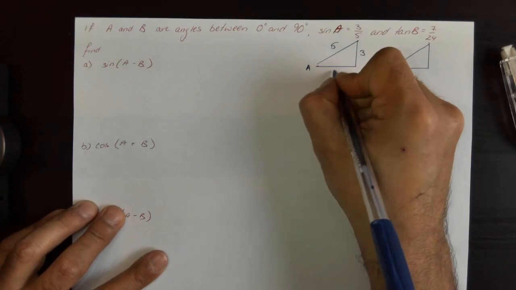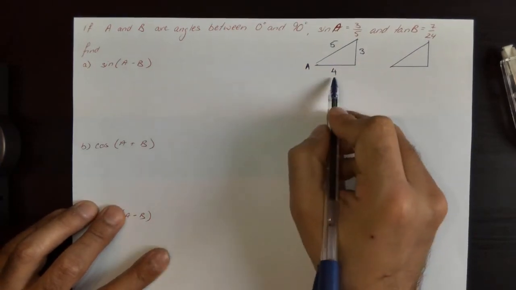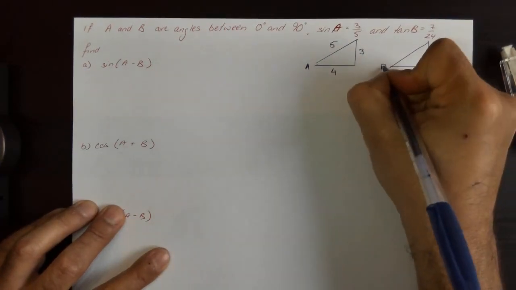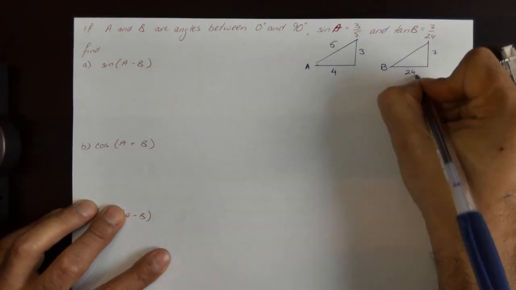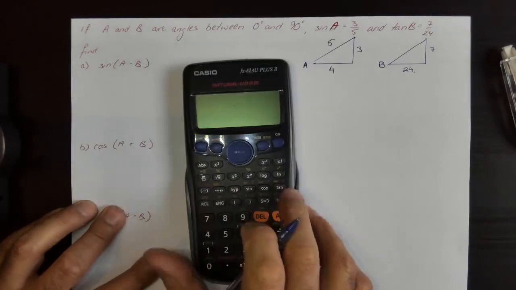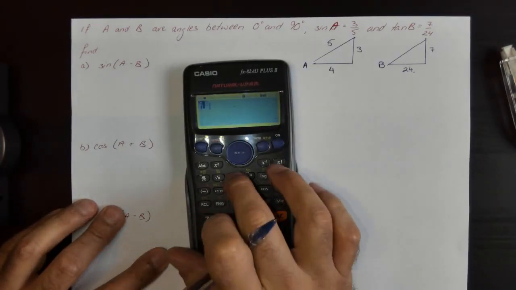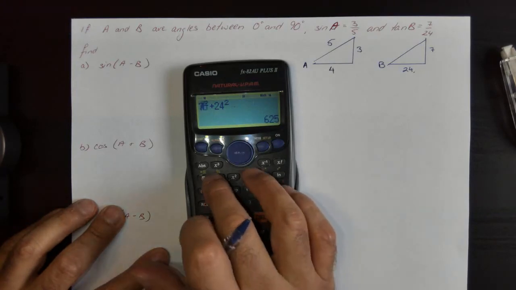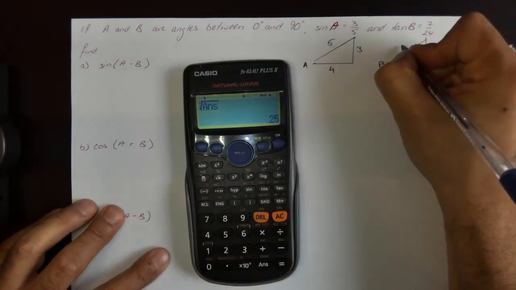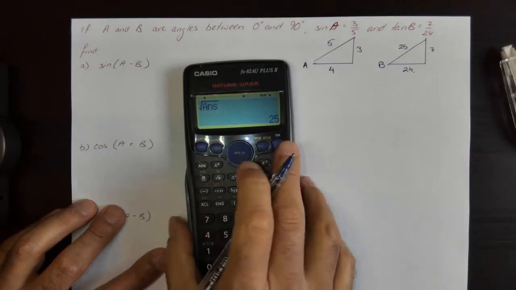So using Pythagoras' theorem, that must be 4. And if this was B, tan is opposite over adjacent. So 7 squared plus 24 squared is 625. That is a hypotenuse of 25.